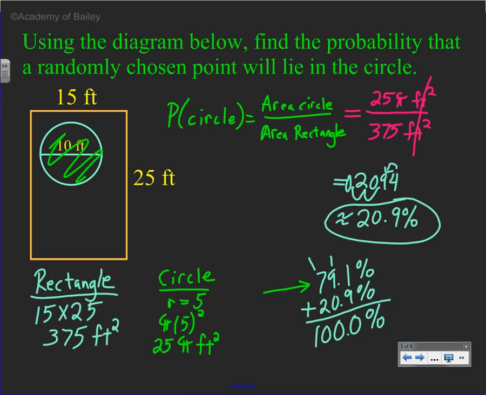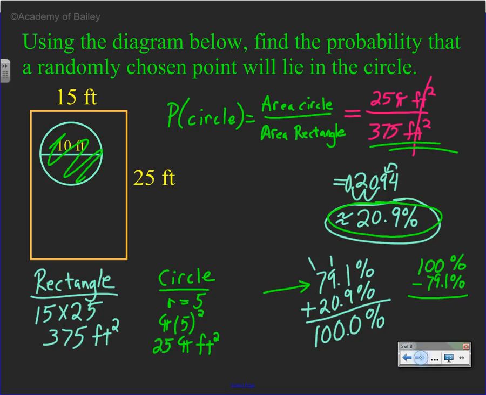We could have taken 100% minus that 79.1%, and that would have given us the 20.9%, and it would have saved us from doing this calculation. Just could have saved us a step, but I wanted to show you both ways, give you practice on both problems, so that way you're aware of it.